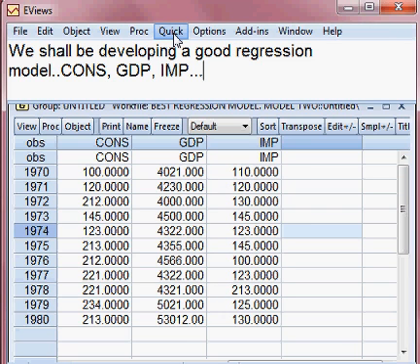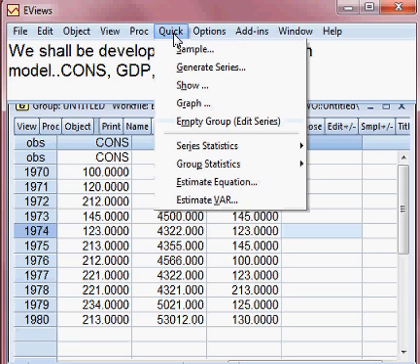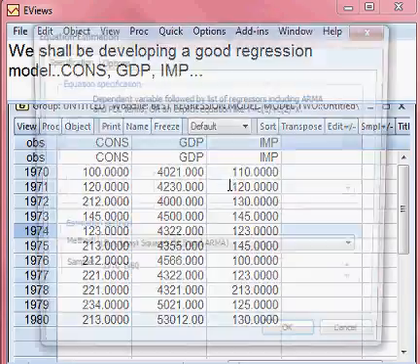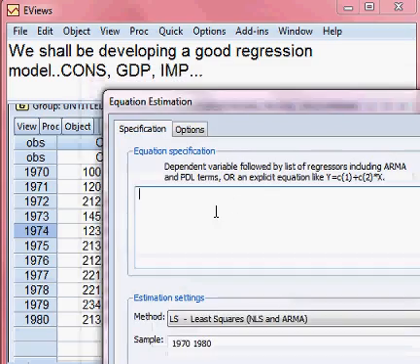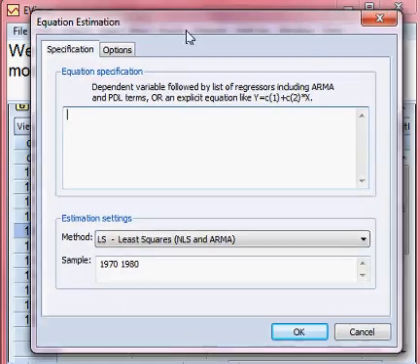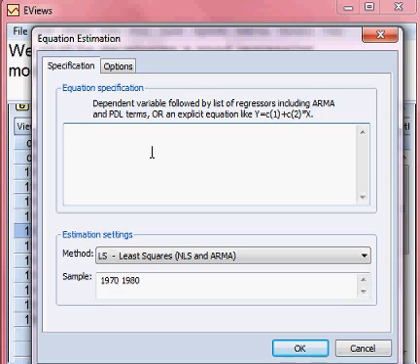How to estimate? I go to quick, estimate equation. I choose here, and first we always put the dependent variable, that is GDP. Then we should put the constant, that is C. Then we put our 2 independent variables.